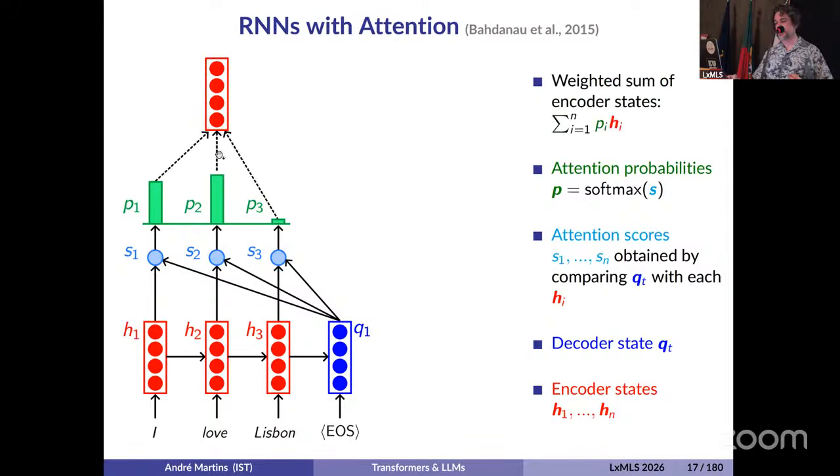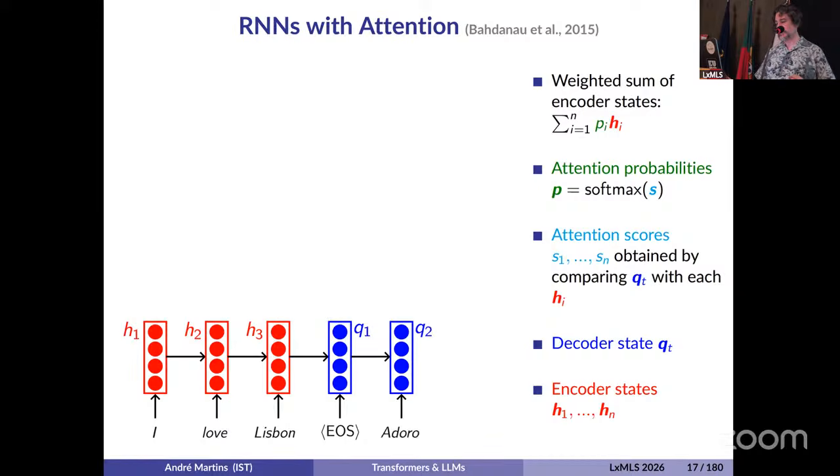This vector is going to be a weighted average of these encoder states, weighted by these probabilities. And this is going to generate the word adoro in Portuguese, which is the first person present tense of to love. So this is attending at I love to generate the Portuguese form.